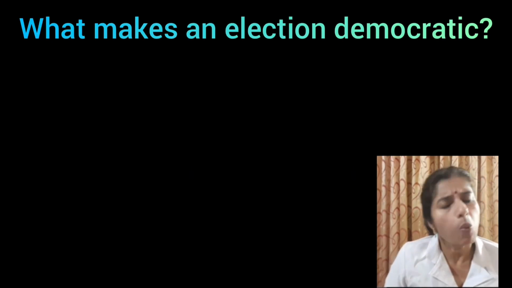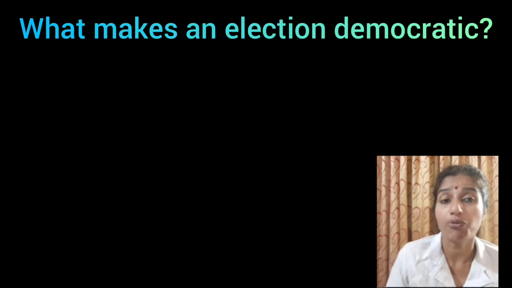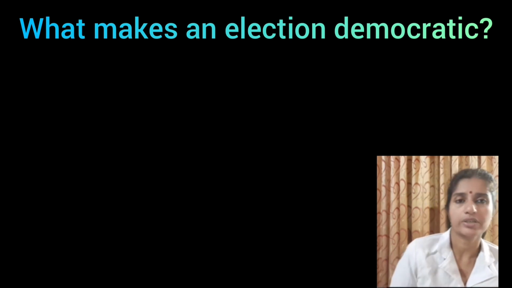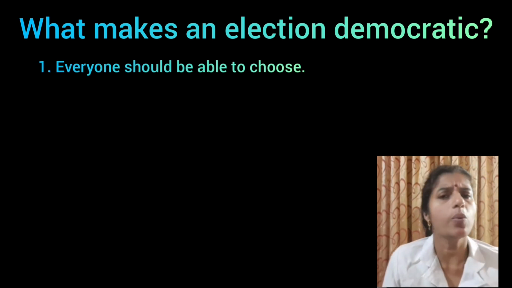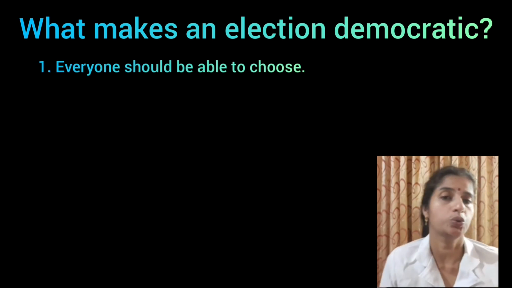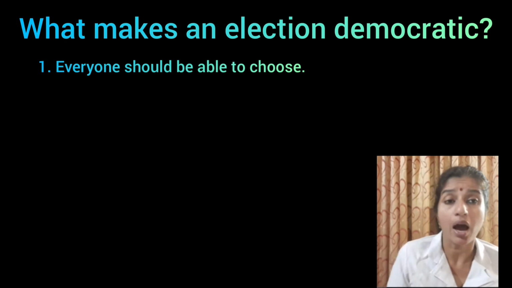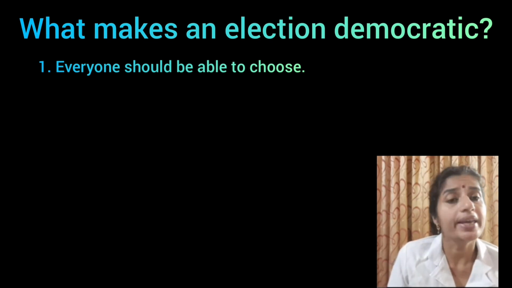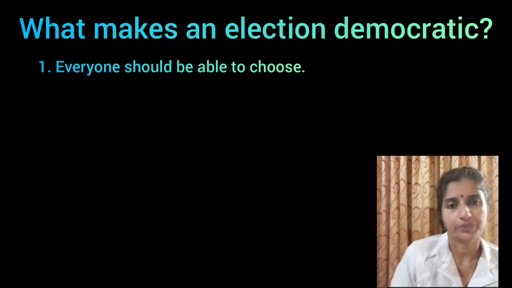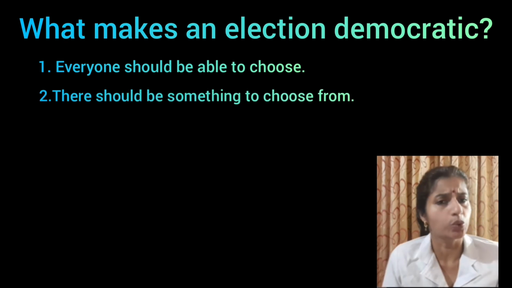Next, about what makes an election democratic. There are some minimum conditions of a democratic election. Let's discuss. First, everyone should be able to choose. This means that everyone should have one vote and every vote should have equal value. Second, there should be something to choose from.